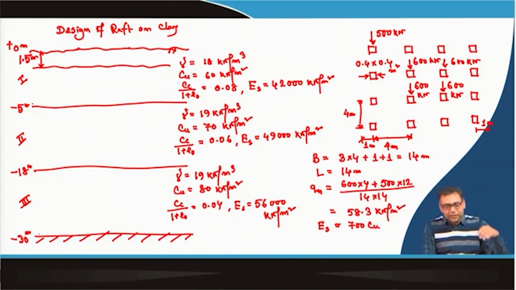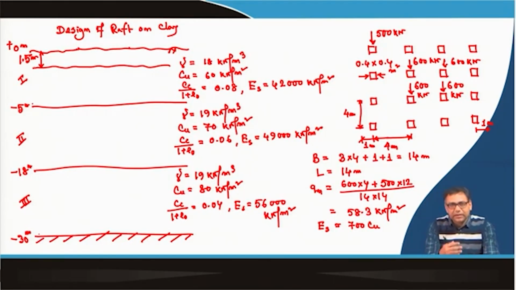So, the depth of the soil layer is up to 30 meter. After that, it is the rigid layer, and the thickness of the first layer is 5 meter, second layer is 13 meter, and third layer is 12 meter, and all the properties are given.